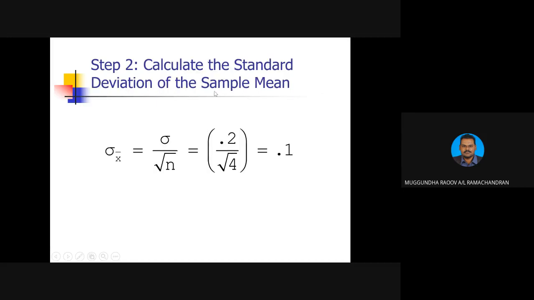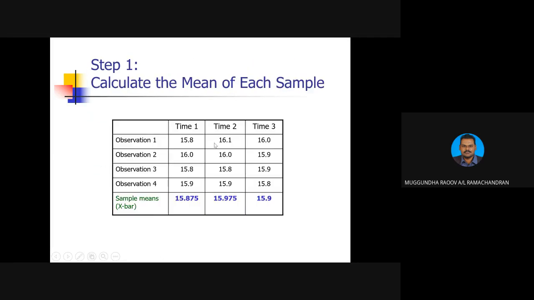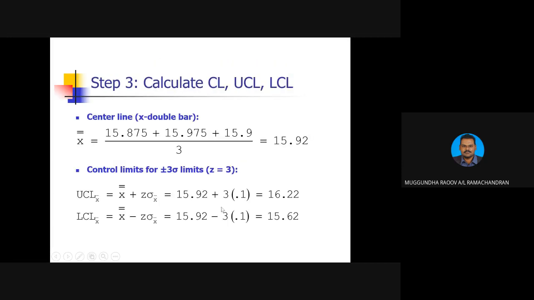So the standard deviation of the sample mean is 0.1. This is how we will calculate the central line, upper control limit and lower control limit. For the central line, we add all three sample means and divide by 3. That will be the central line.